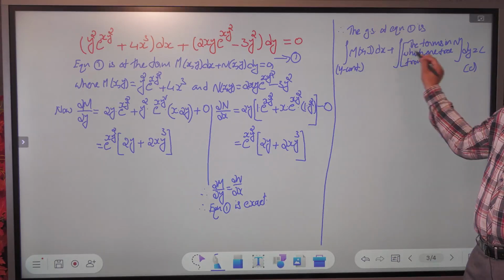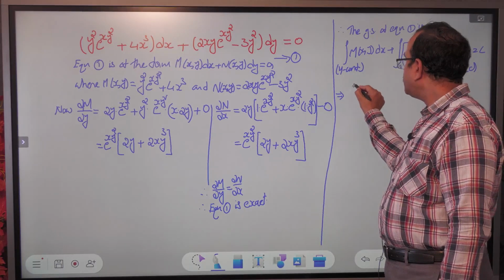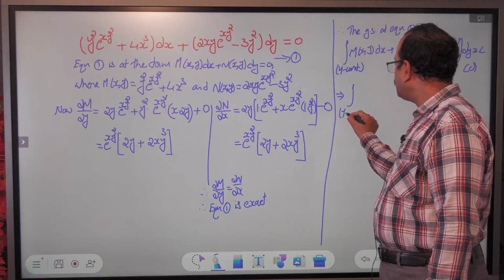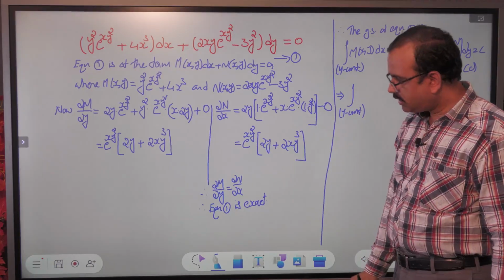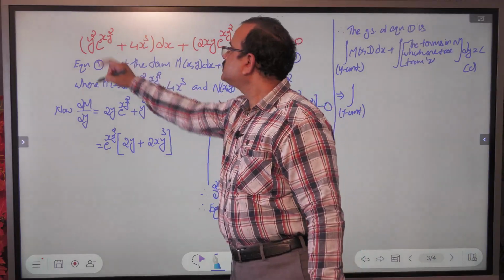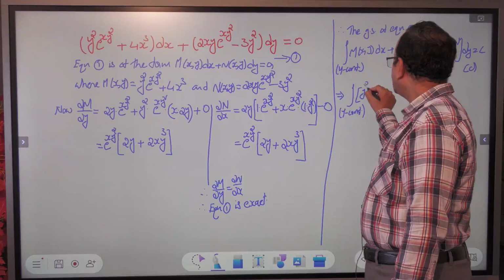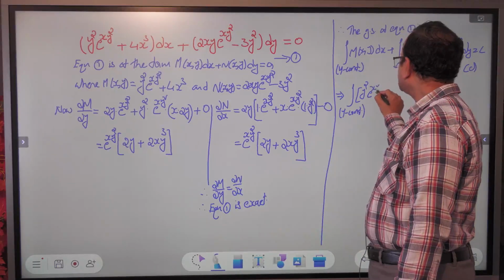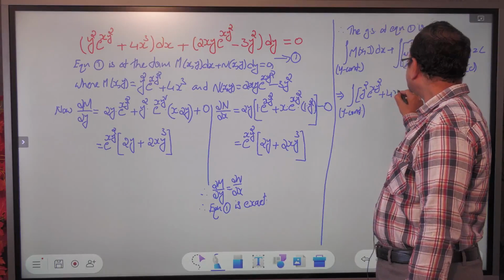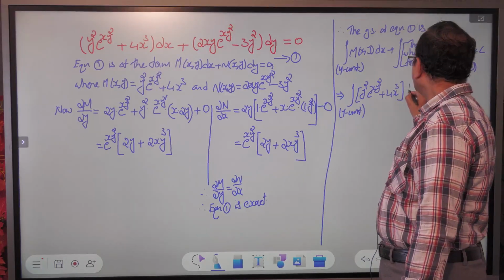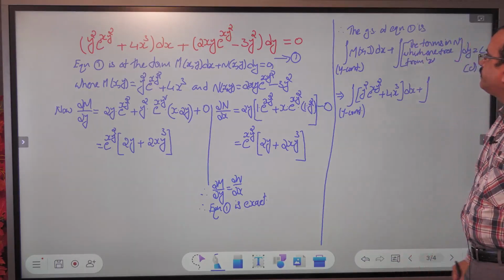Now we substitute M and N as per the formula. We write the integral, treating y as a constant, of M, which is y² e^(xy²) plus 4x³, whole into dx, plus the terms in N which are free from x.